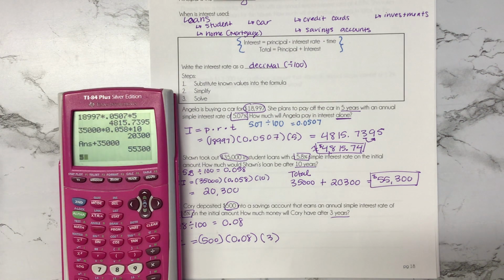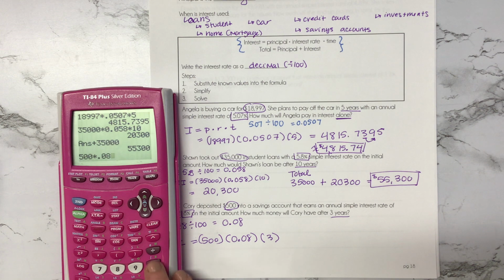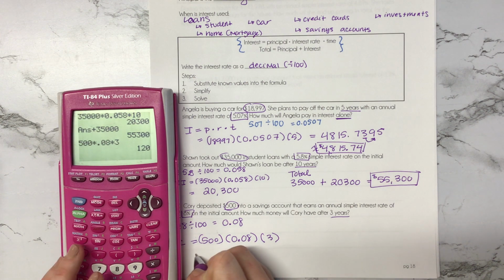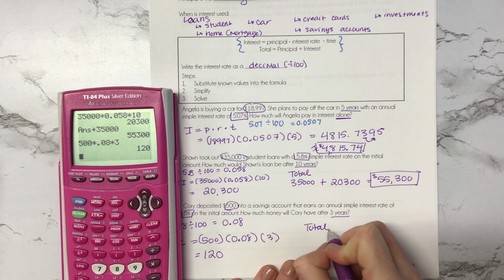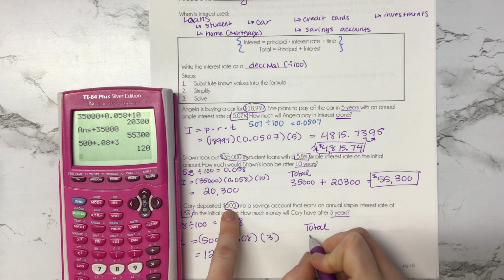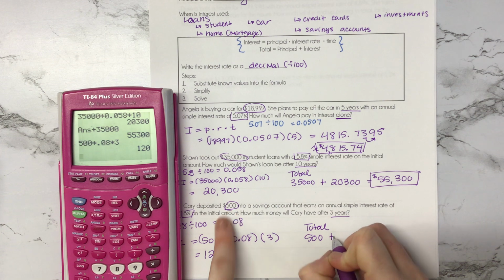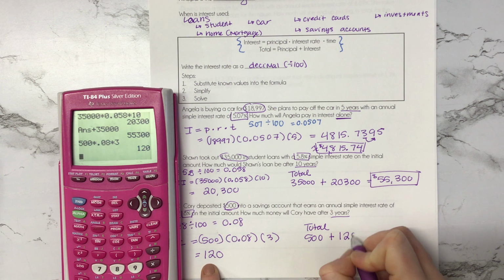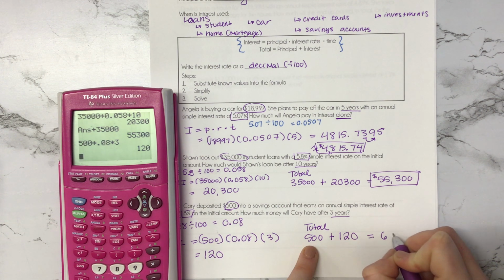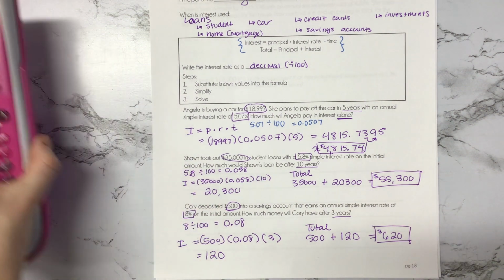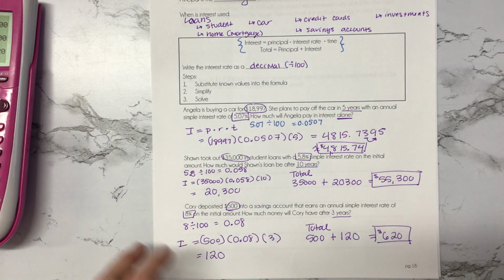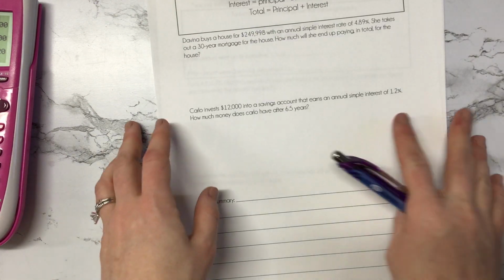So I just type it in my calculator. It's 120. So to get my total, we take the principal amount, $500, plus my interest amount, $120, is $620. So after 3 years, he'll have $620 total in that account. Next page.